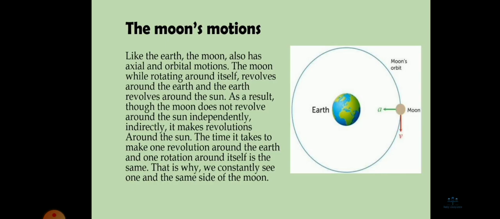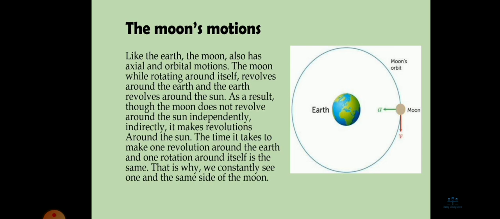The moon's motions. Like the earth, the moon also has axial and orbital motions. The moon, while rotating around itself, revolves around the earth, and the earth revolves around the sun.